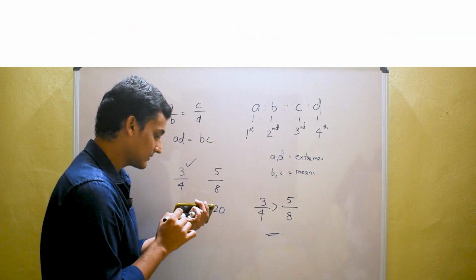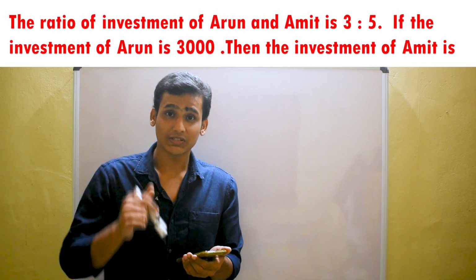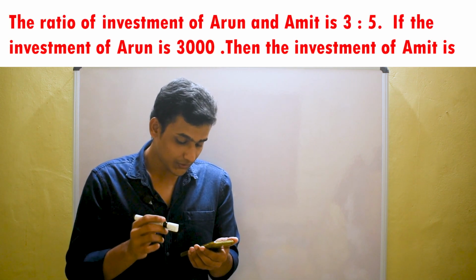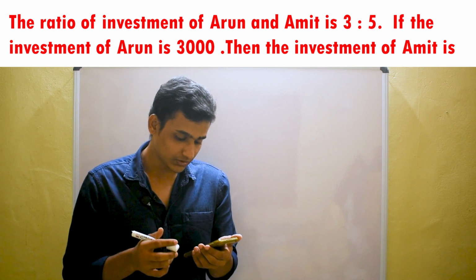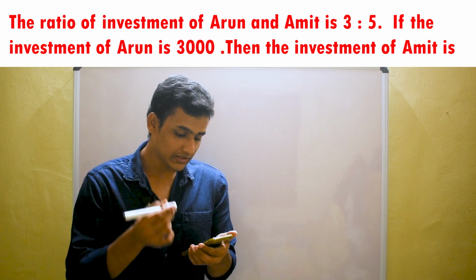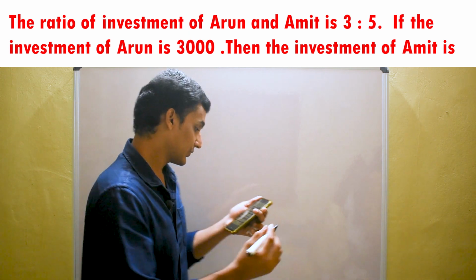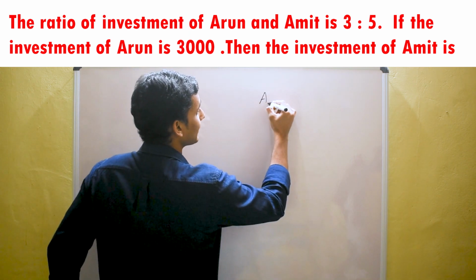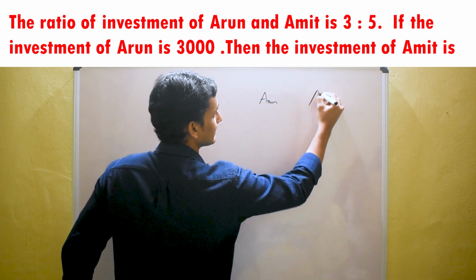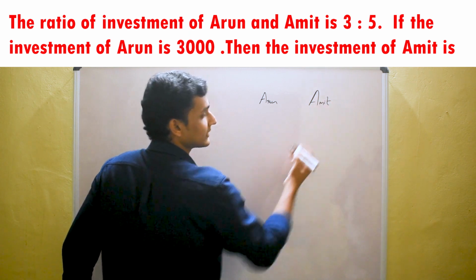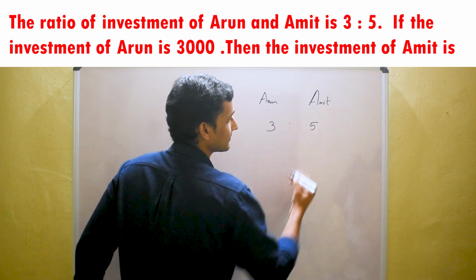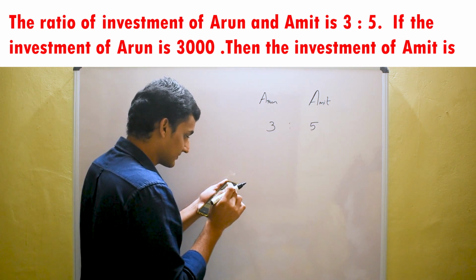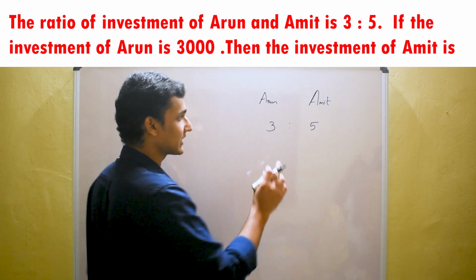Let's go for the next question. See this question. The ratio of investment of Arun and Amit is 3:5. If the investment of Arun is 3,000, then the investment of Amit is? So it is given that the ratio of their investments is 3:5, and investment of Arun is 3,000.